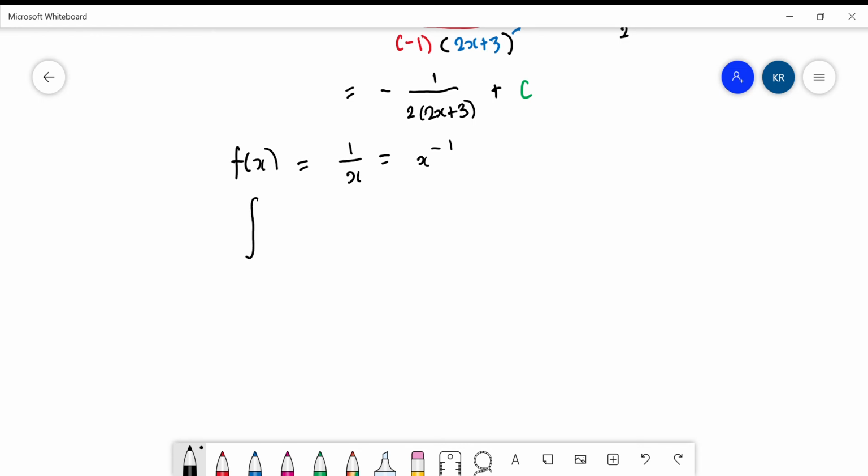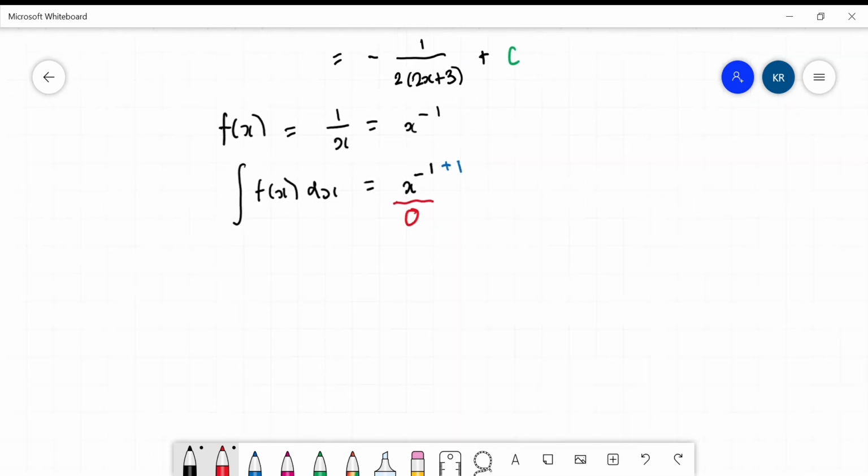The integral of f of x dx, and we have x to the power of negative 1. So the first step, as we always know, is we add 1 to the power. Then the second step is we divide by the new power. So what's the new power? Minus 1 plus 1, which is 0. So we divide by 0. But you can't divide something by 0, because anything divided by 0 is undefined.